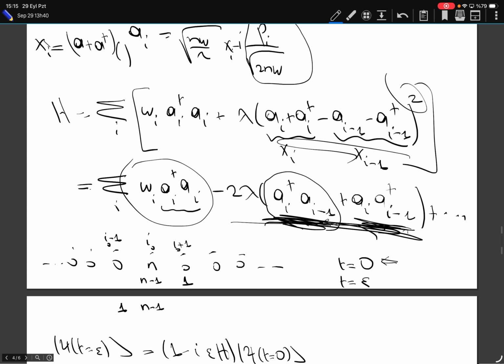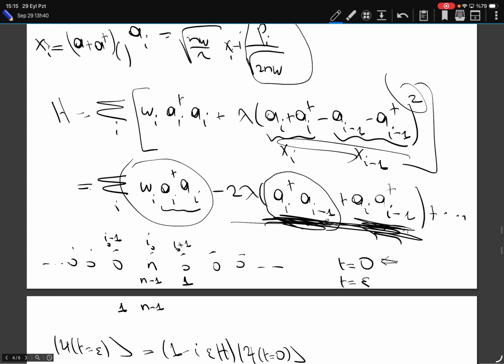Whereas this one will annihilate a package at a given site and create another one on the previous site. So if you have one package at a definite location at a given moment, in the next moment it can be either on the next site or on the previous site. So this is basically how the packages will be moving in this simple model for the simple Hamiltonian.